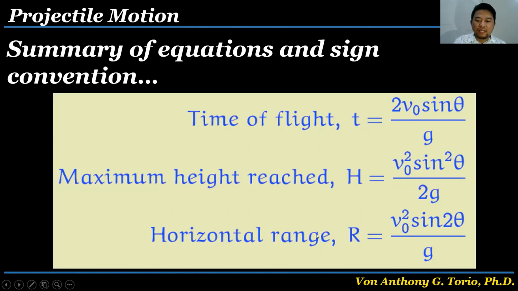And for horizontal range, R is equal to V naught squared sine 2 theta all over G. Take note of these equations, because essentially these are what we consider when we examine conceptual questions such as what would be the angle at which you throw a projectile for you to be able to get the maximum height or the maximum range.